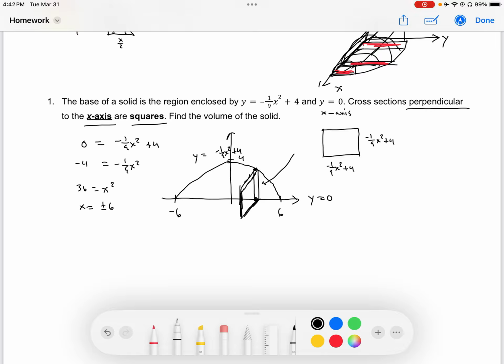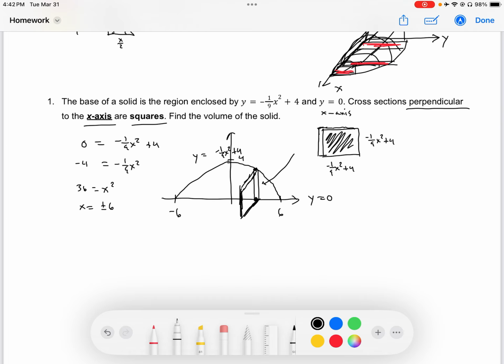Okay, so that means this is kind of like dealing with discs and washers. If we take the area of this square and we multiply it by a little thickness, which would be dx, right? Then we should get a little piece of toast that has a certain amount of volume, a little square coin, I guess, if that's such a thing. And we will end up with the volume.